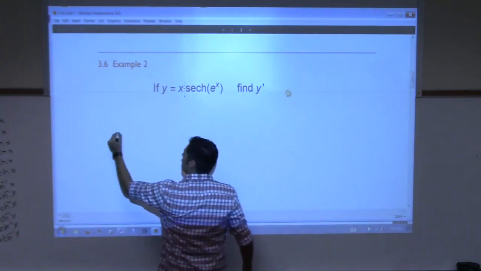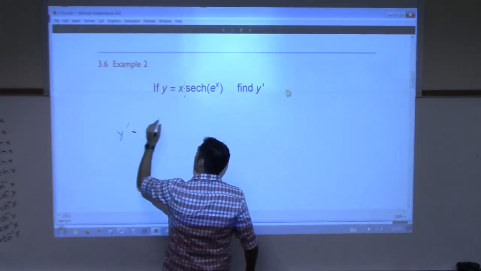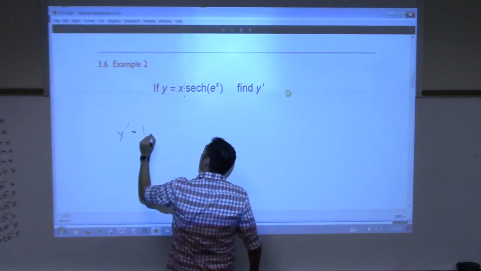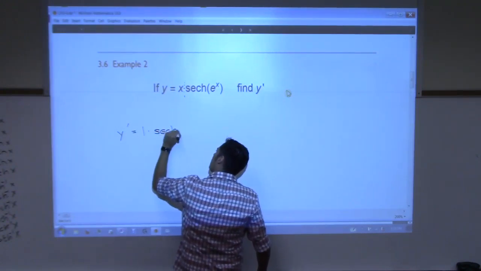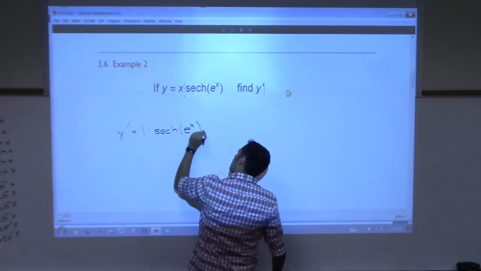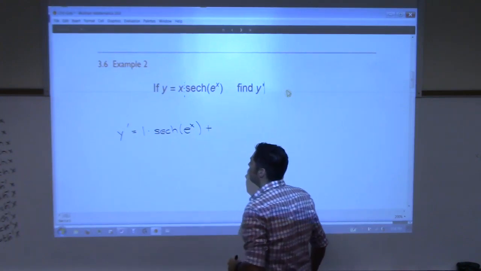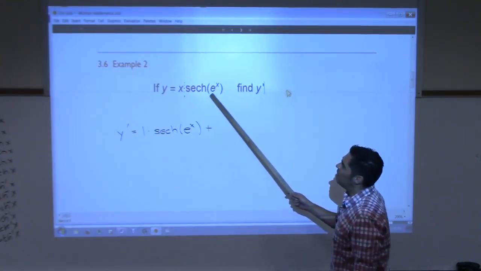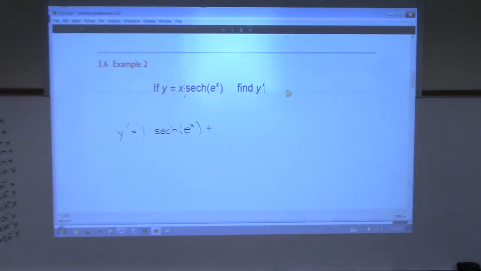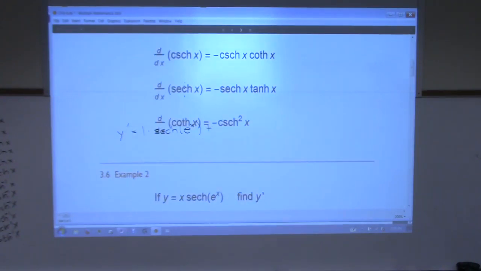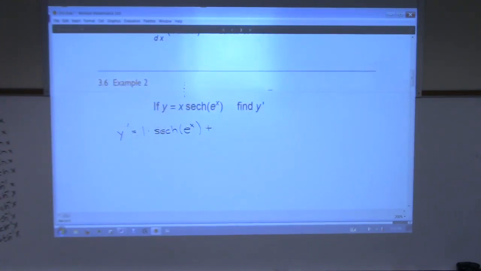So let's do it. y prime equals, you said the derivative of this one, which was 1, times the other one, plus, right? Product rule says plus. The derivative of secant hyperbolic of something. And I'll scroll up real quick here. The derivative of secant hyperbolic of x was negative secant hyperbolic of x tangent hyperbolic of x, yeah?